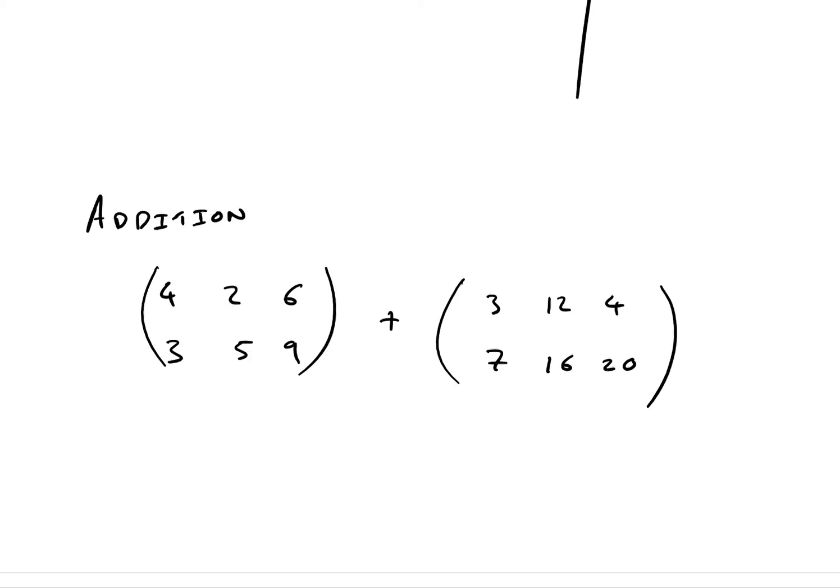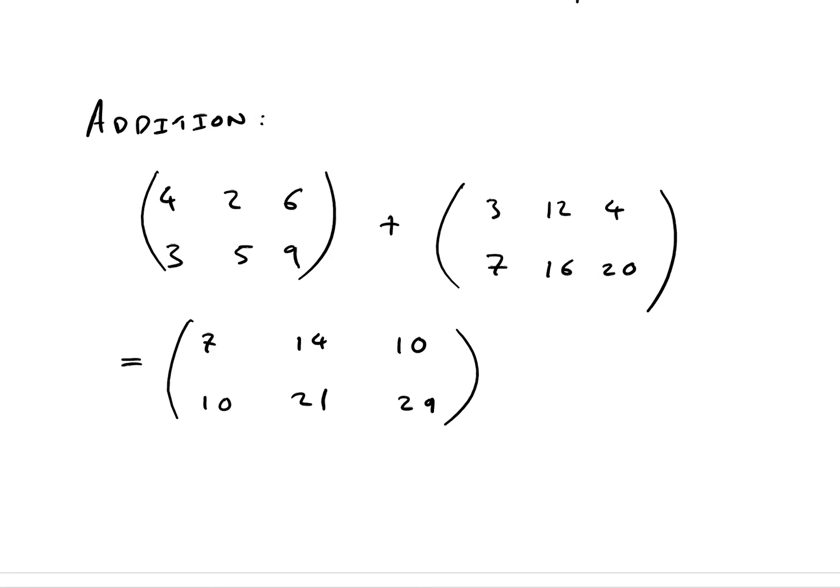Okay, and we just want to add those two things together. And when we do addition, all we do is we just add each element together. So 4 plus 3 is 7, then 2 plus 12, so that's 14, 6 plus 4, that's 10, 3 plus 7, that's 10, 5 plus 16, that's 21, 9 plus 20, that's 29. You get the idea.